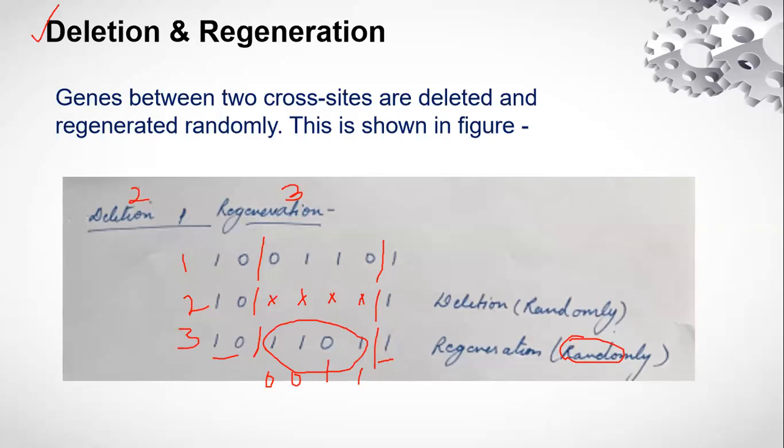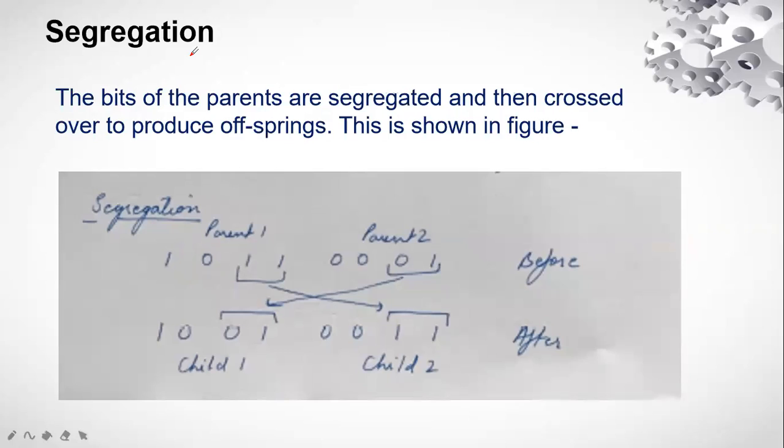Fine. The next operator we are going to apply is segregation. Now, what is this segregation? We already know what happens. We are selecting two parents, parent 1 and parent 2, and then a crossover operator is applied, and they produce offspring.